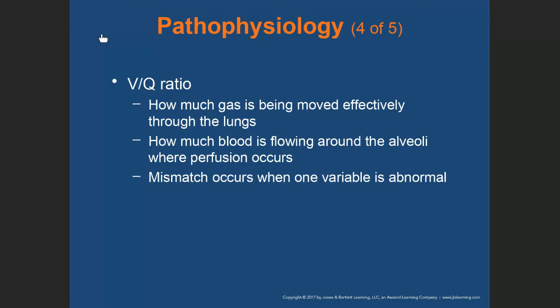If the blood reaches the pulmonary capillaries and there is no oxygen available, then the blood will be recirculated to the left side of the heart without oxygenation. That creates a ventilation perfusion mismatch, so it can lead to a lot of complications.